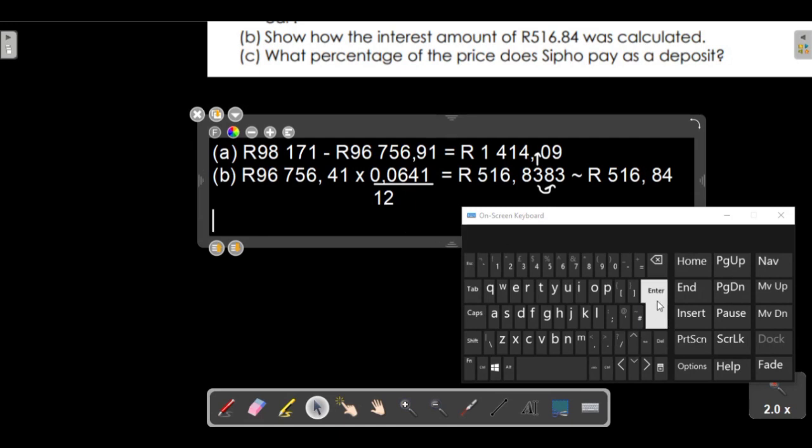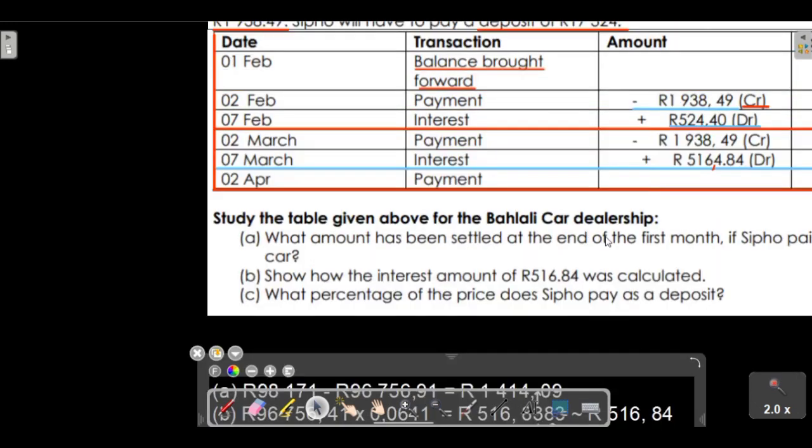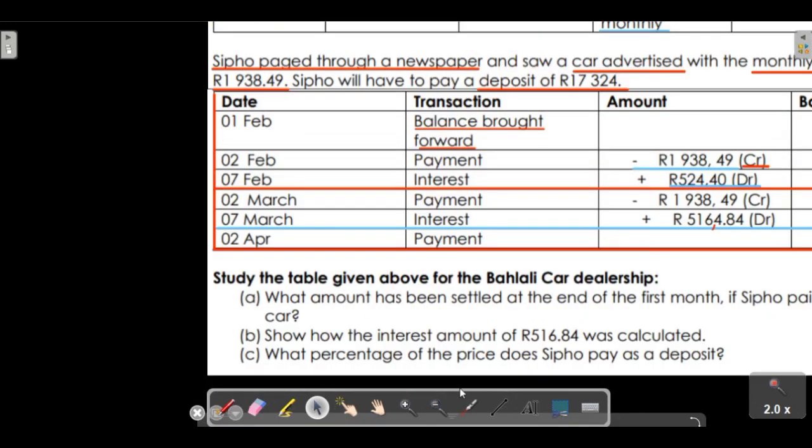Second question, third question. Third question says, what percentage of the price, meaning the retail price, does Zippo pay as deposit?